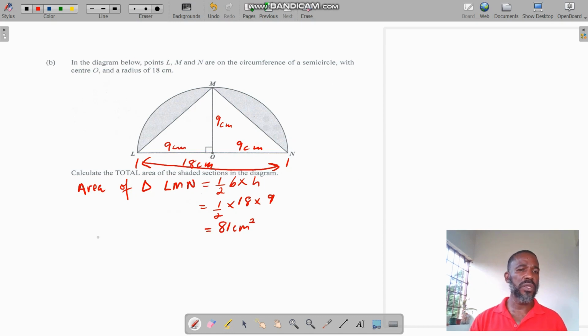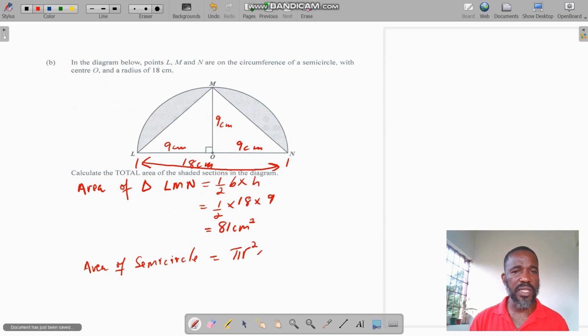Now what we want to do next is to find the area of the semicircle. The area of the semicircle is equal to pi r squared times theta over 360. So let's plug in the values.